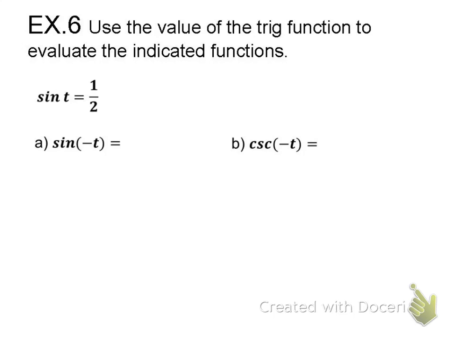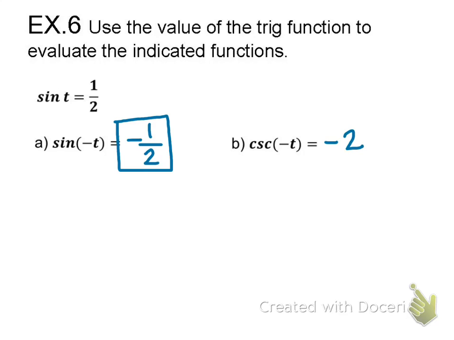What that means is the value of the negative angle is equal to the opposite of the value of the positive angle. So all I need to do is take the 1/2 that they gave me and change the sign for the sine value. So sine of negative t is just going to equal negative 1/2. You just change the sign.